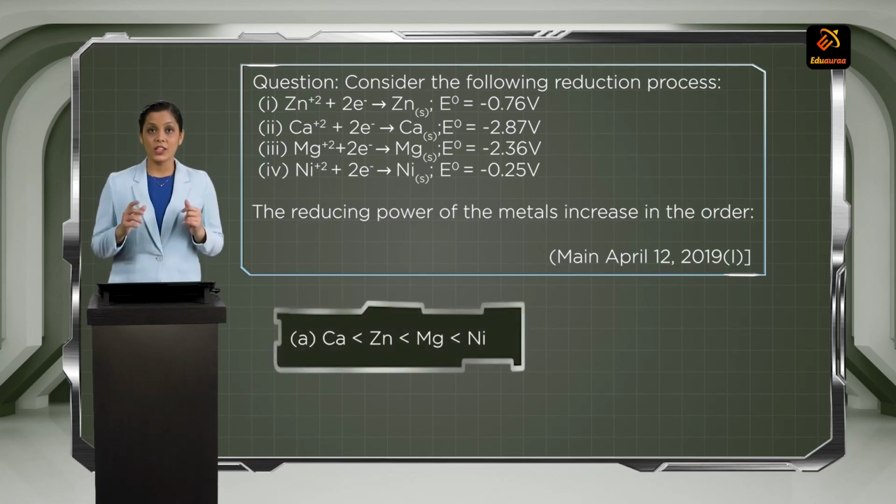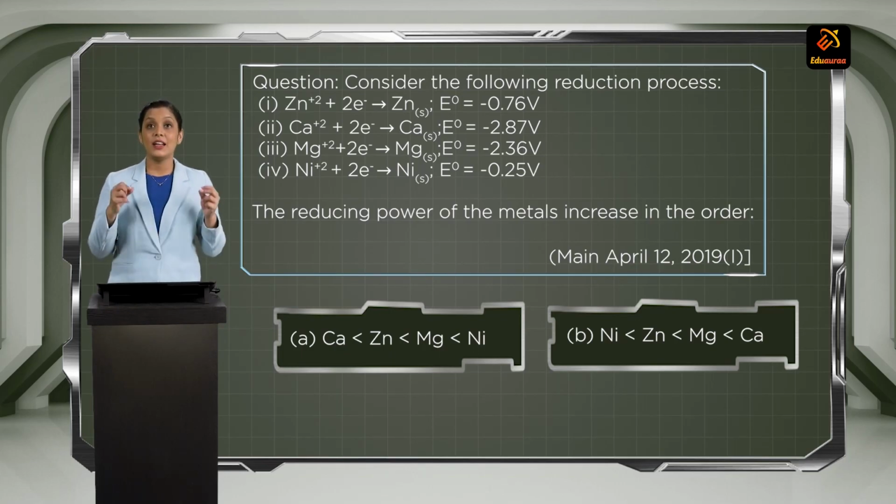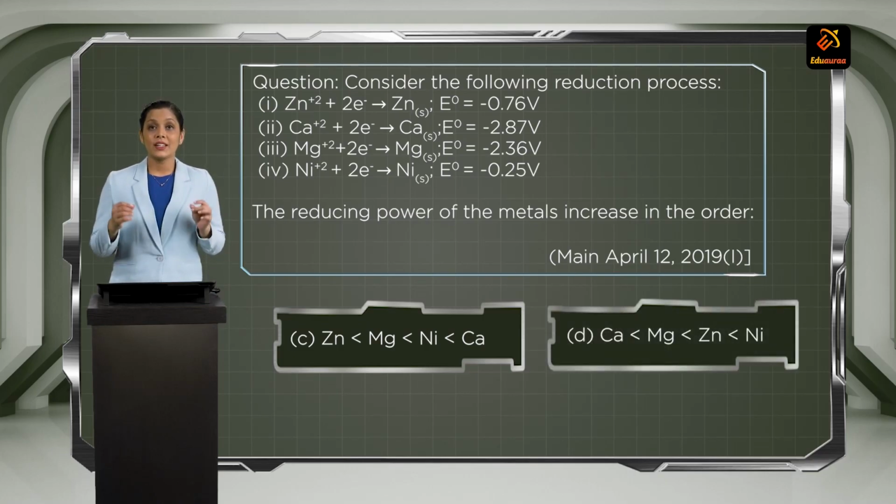Option A, calcium less than zinc, less than magnesium, less than nickel. Option B, nickel less than zinc, less than magnesium, less than calcium. Option C, zinc less than magnesium, less than nickel and less than calcium. Option D, calcium less than magnesium, less than zinc and less than nickel.